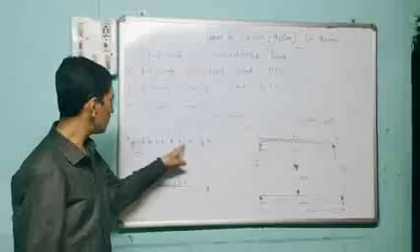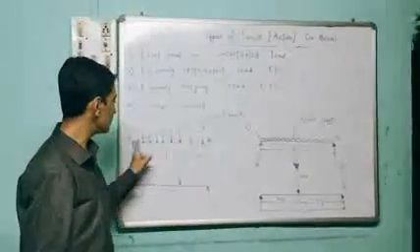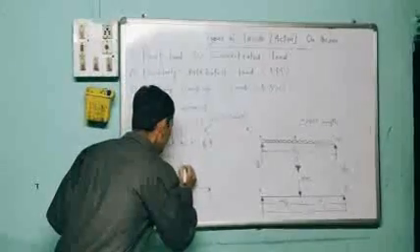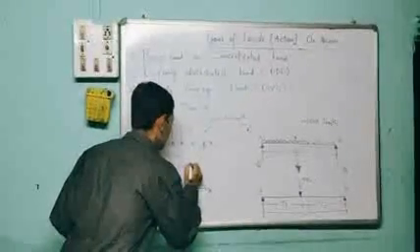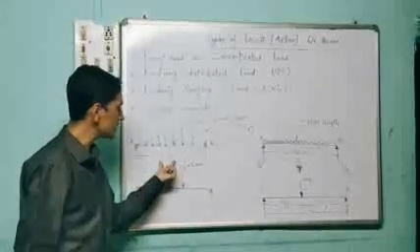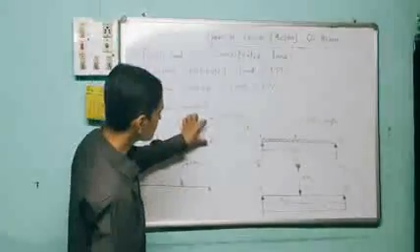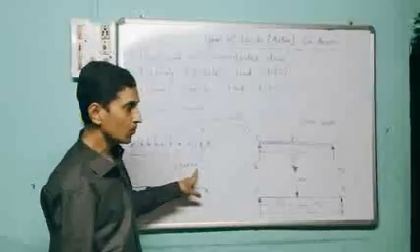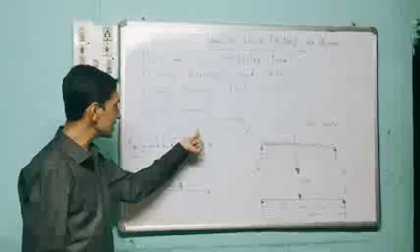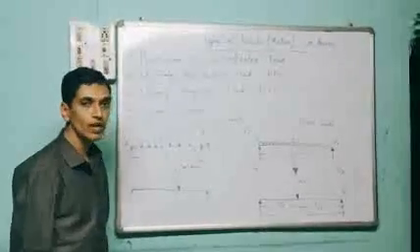We know that this shape is a right angle triangle, and we have to get the area of this triangle using half base into height. What is the base of this triangle? L. And what is the highest intensity of the triangle? W.